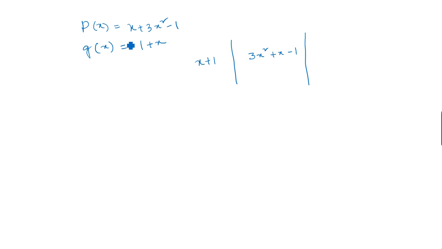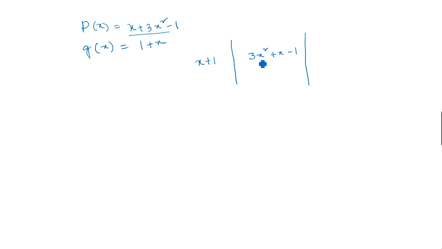I have written the polynomial p(x) in a proper order, that is, in descending order of degrees: 3x square plus x minus 1. In each term the degree is descending, and in case of g(x) also I have written in that order. So this is our first step: we have to write p(x) and g(x) in proper order.